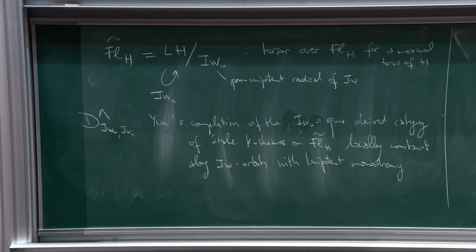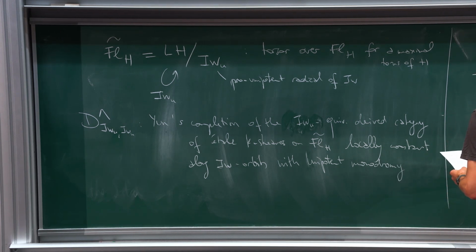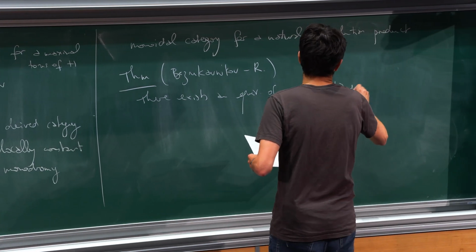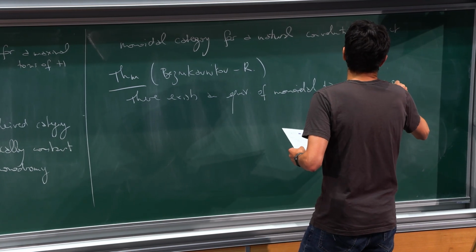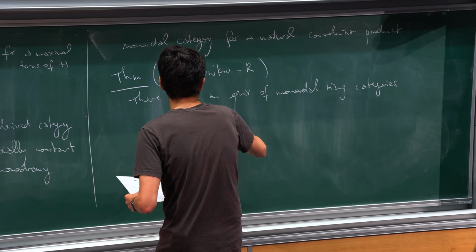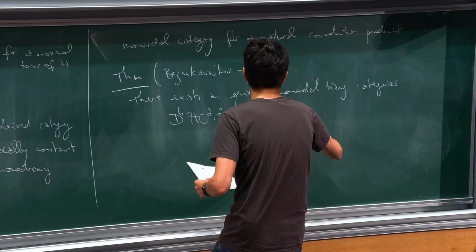Yes, so I can now state my second theorem. This is still with Bezrukavnikov in the same series of papers. What we obtain is that there exists an equivalence of monoidal triangulated categories between the category of Harish-Chandra bimodules and this category that I just defined.